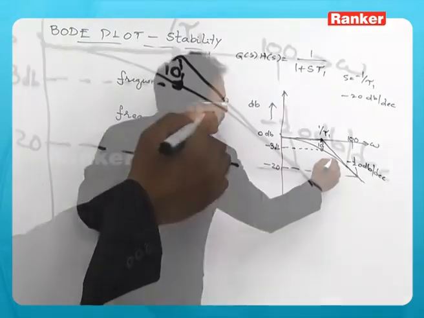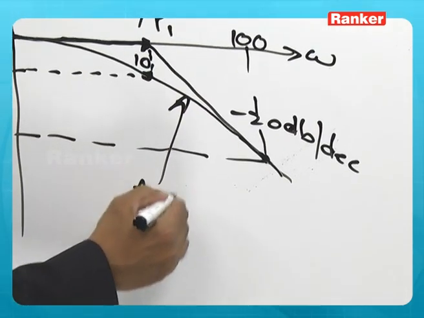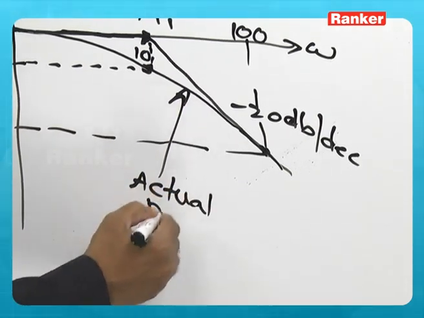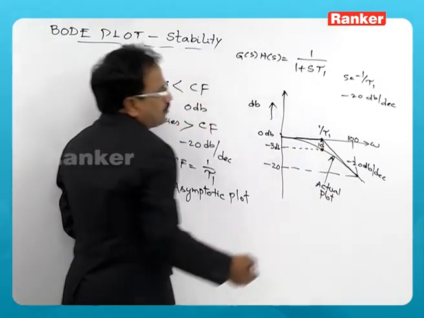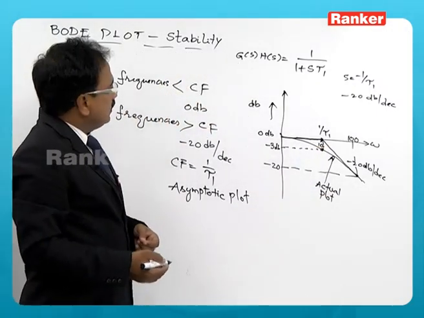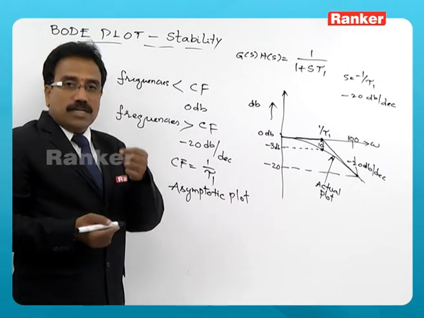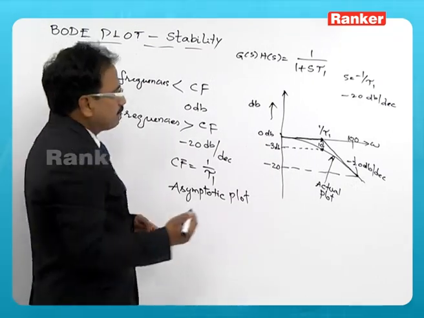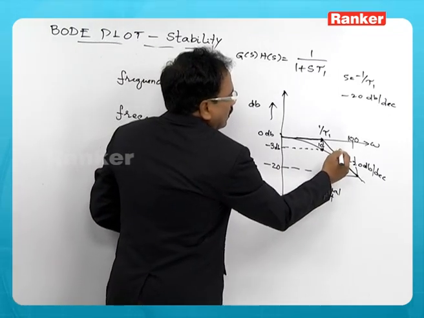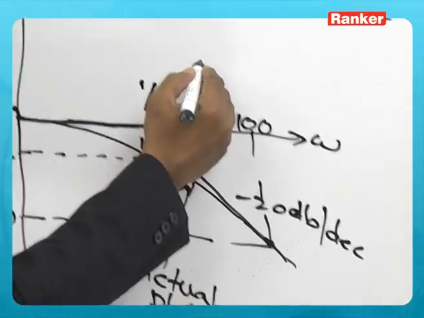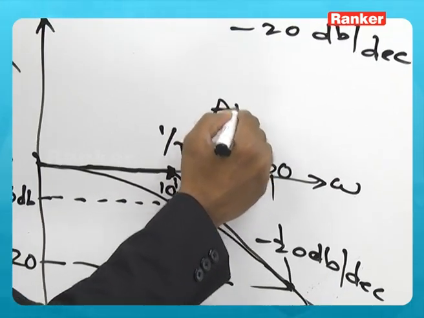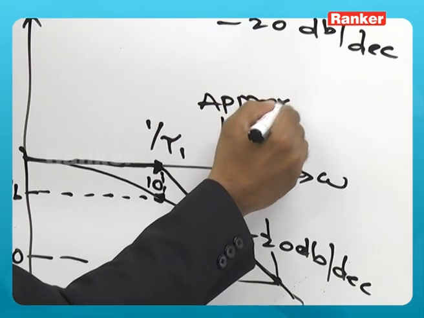So, this will be the actual plot, which has some value at the corner frequency, and for this pole it has a magnitude of minus 3 dB, and this plot is known as the asymptotic plot or approximate plot.